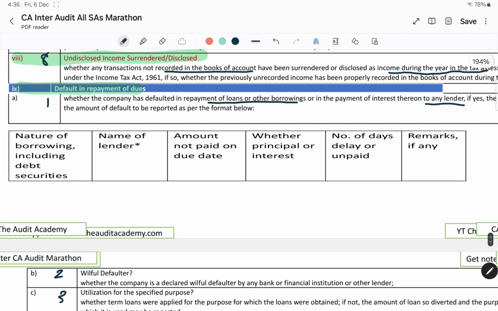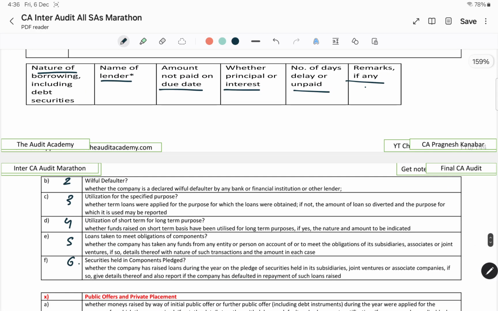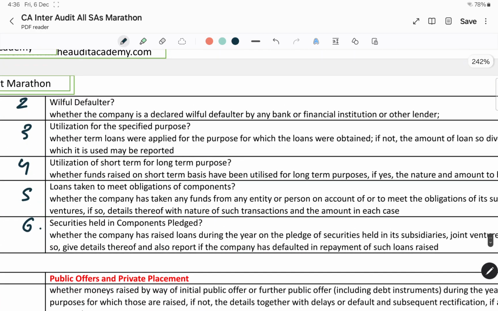We have to mention the nature of borrowing, including debt, security, name of the lender, amount not paid on due date, whether the principal or the interest amount, number of the days delayed or unpaid, and remark if any. All the things need to be mentioned. Is that a willful defaulter? Whether the company is declared a willful defaulter by any bank or financial institution or other lender.